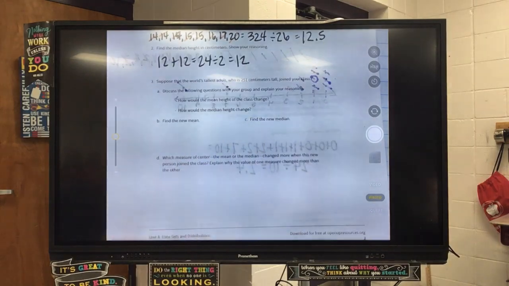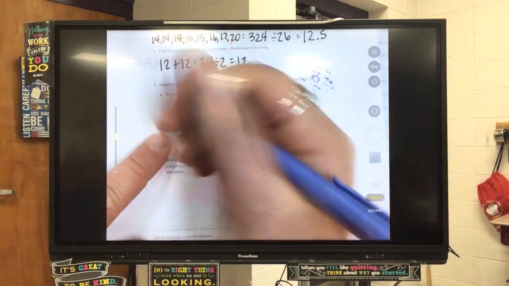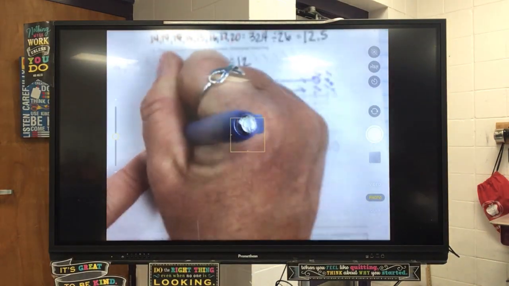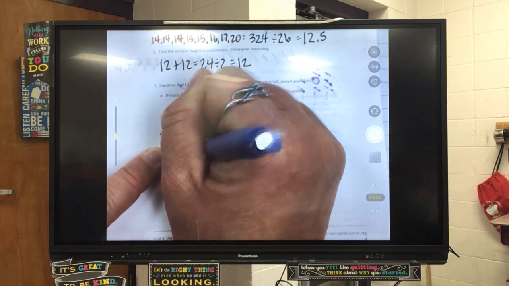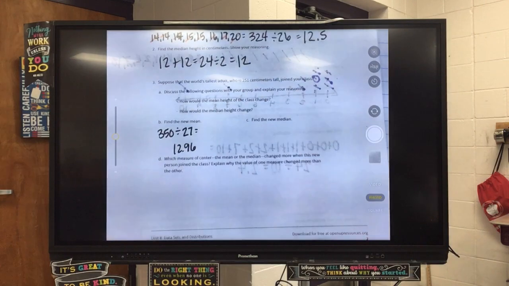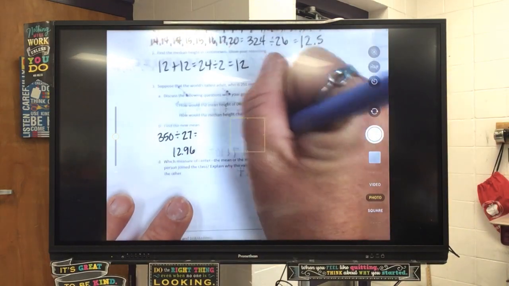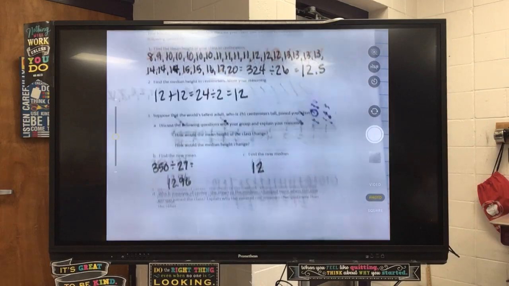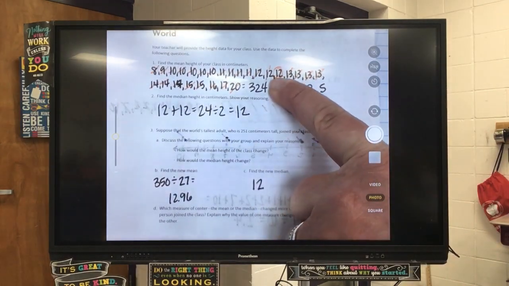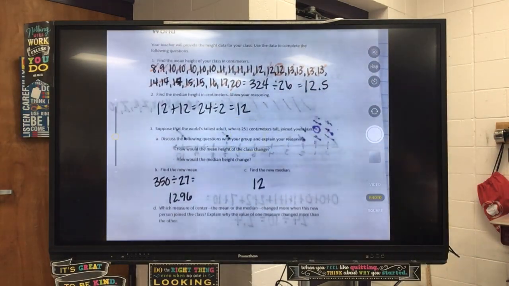So we just found our new mean: 350 divided by 27 gave us 12.96. If you really wanted nice numbers, you could round up to 13, but we're going to keep it very specific. And our new median is just 12, because it becomes an odd number.